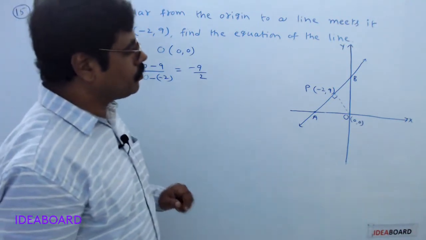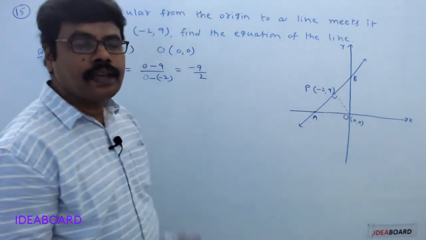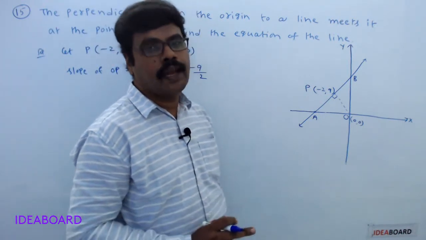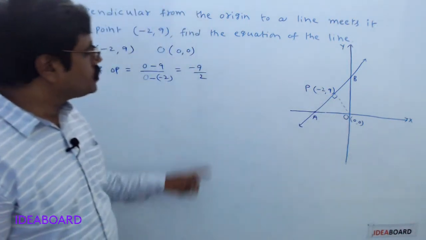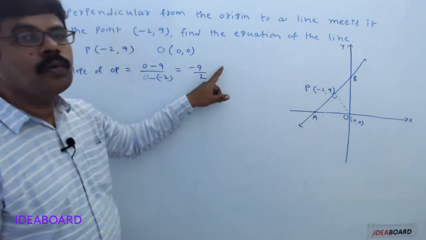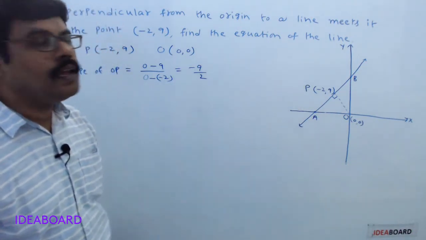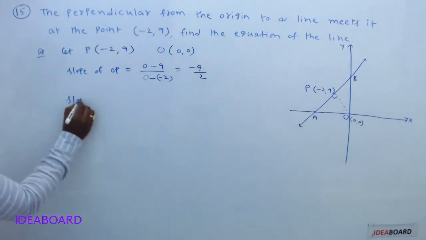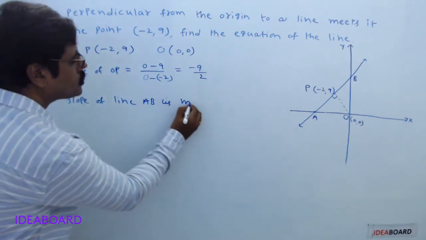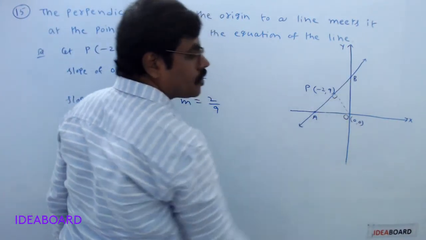The slope of line OP is minus 9 divided by 2. If you look at the diagram, the line OP and the line AB are perpendicular. If two lines are perpendicular, then the product of their slopes is minus 1. So the slope of line AB is 2 divided by 9, because these two lines are perpendicular to each other.